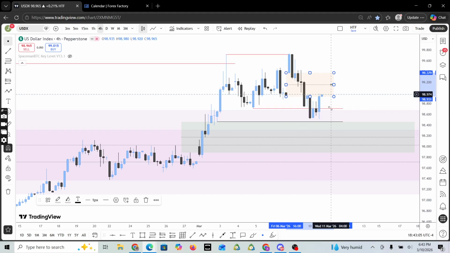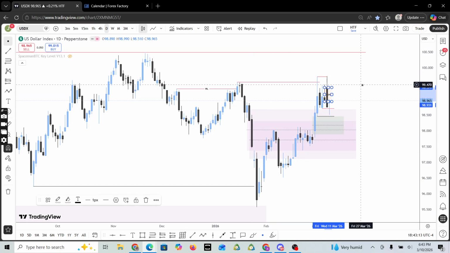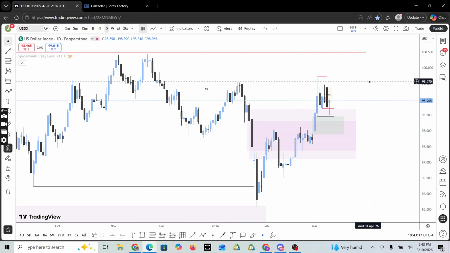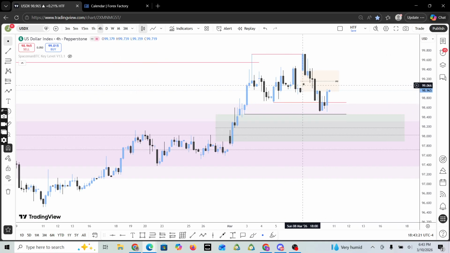The reason I say that is because I have the higher time frame order flow backing us, right? So the daily order flow is very bullish and it is backing us. So we don't expect such to hold, right? When the daily is backing us, we don't expect this gap to hold, right? I don't expect this gap to hold or to serve as a resistance level.